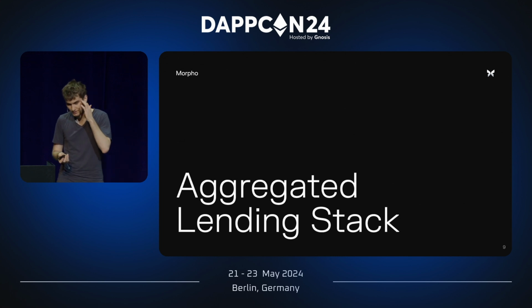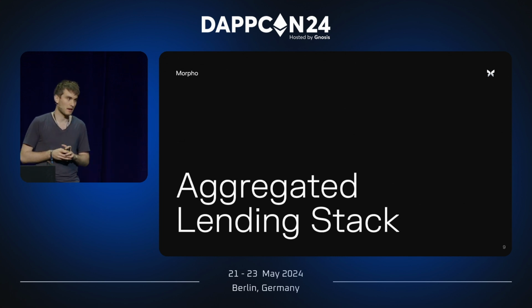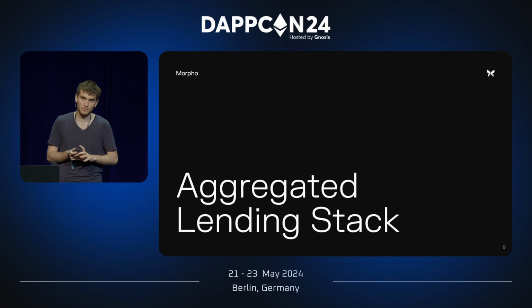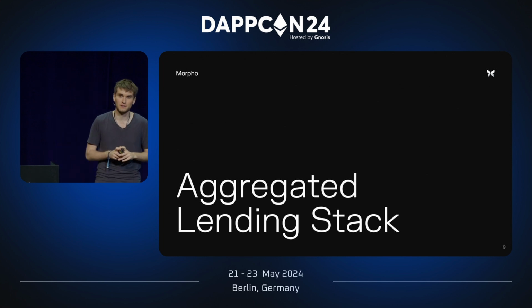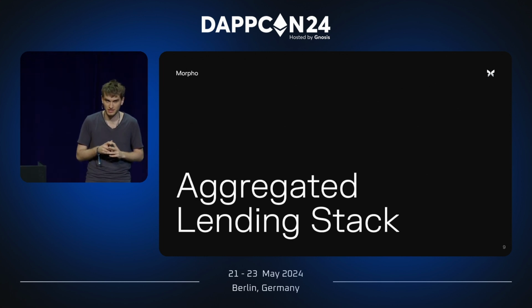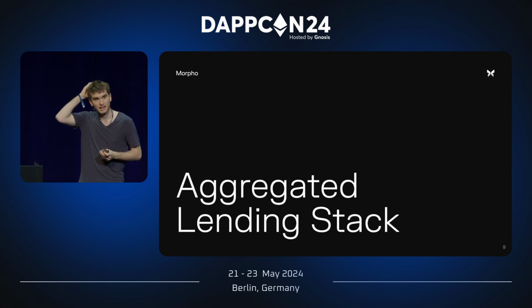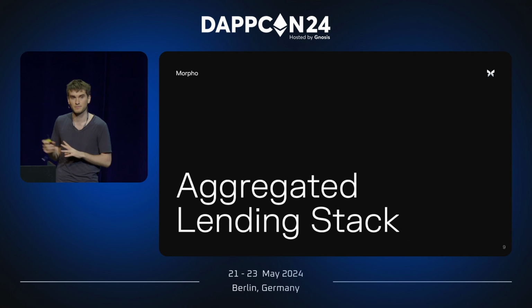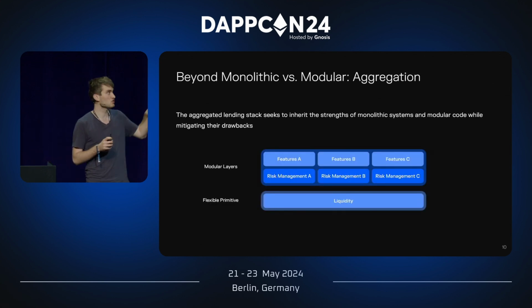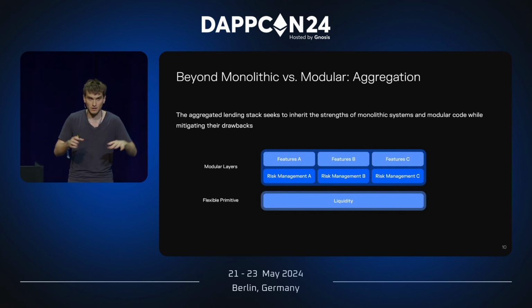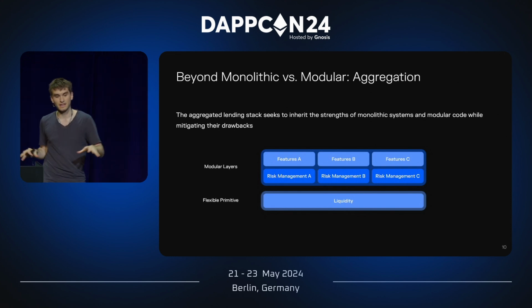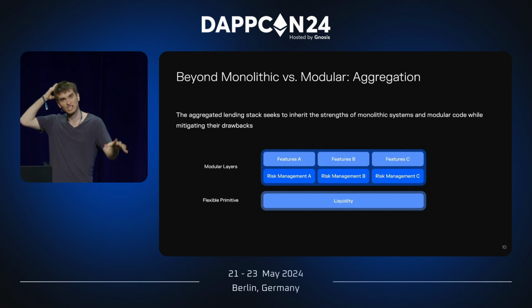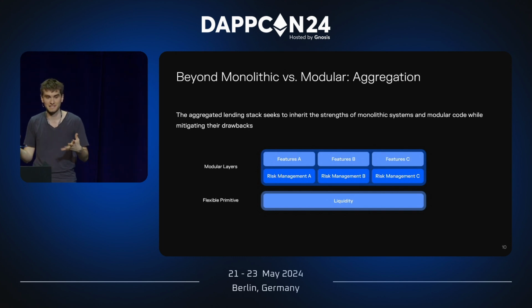And this is where the concept of aggregation comes in. I think it was a term that was first used in the context of the Polygon blockchain stack, where on the infrastructure side you have the same trade-offs between monolithic and modular, and they came up with the term aggregation, which is visualized this way: you have multiple instances, in some kind of modular paradigm, but they share liquidity to some extent, right?